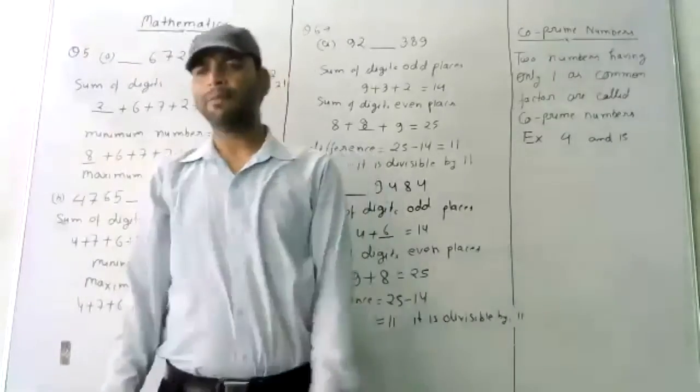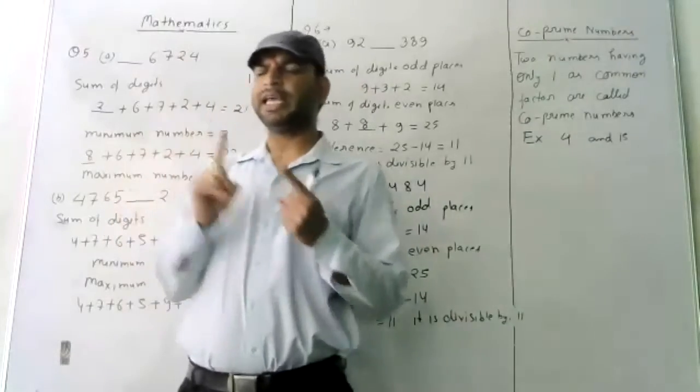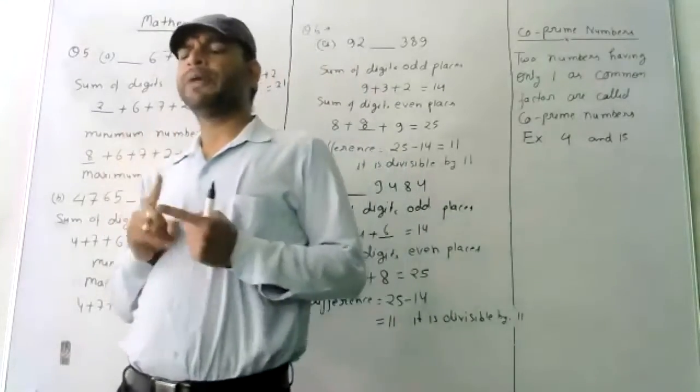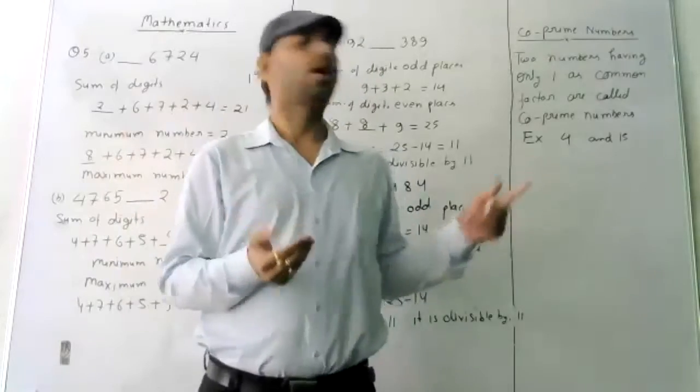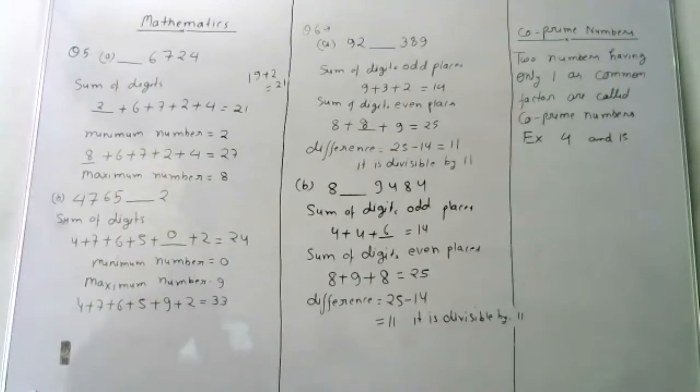If two numbers have only one as a common factor, then these numbers are called co-prime numbers. And Rudra Karki, ask your question. Sir, mine was the same, I understood. And Dhruv. Master Dhruv. Yes sir. Sir, in the example, you wrote 4 and then what? 15. Okay sir.